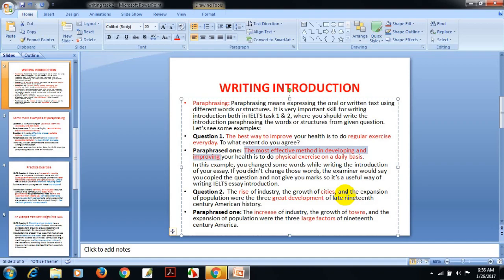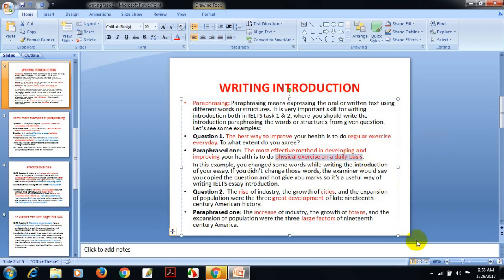And let's see another example. Another phrase: regular exercise every day. Regular exercise every day is here, and that is changed. You can add words like physical exercise. Physical is added here: physical exercise on a daily basis.